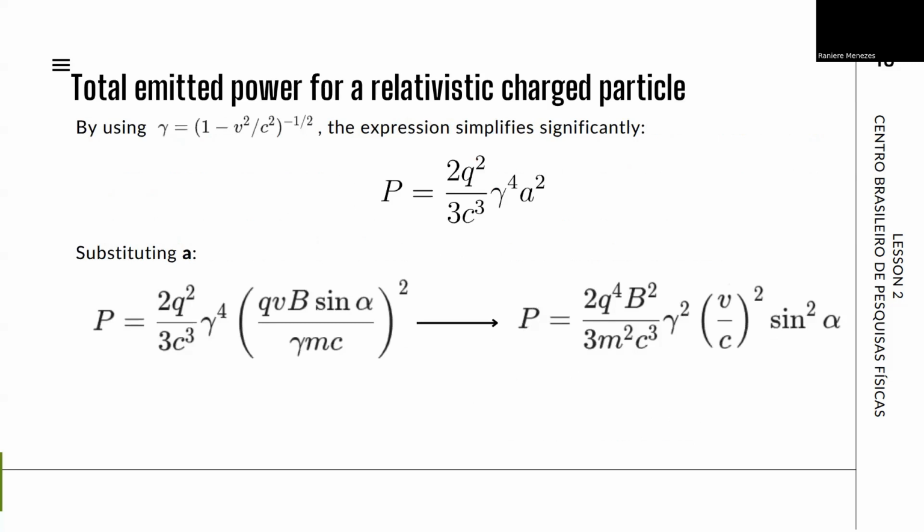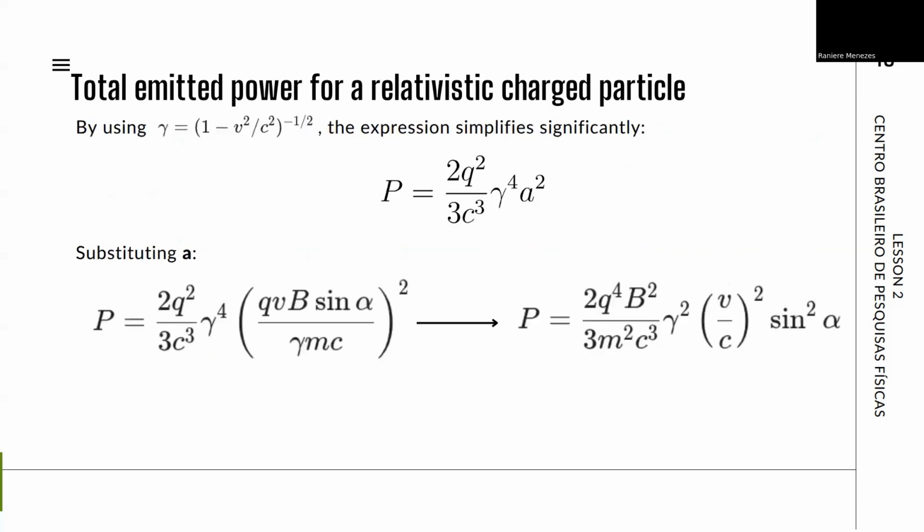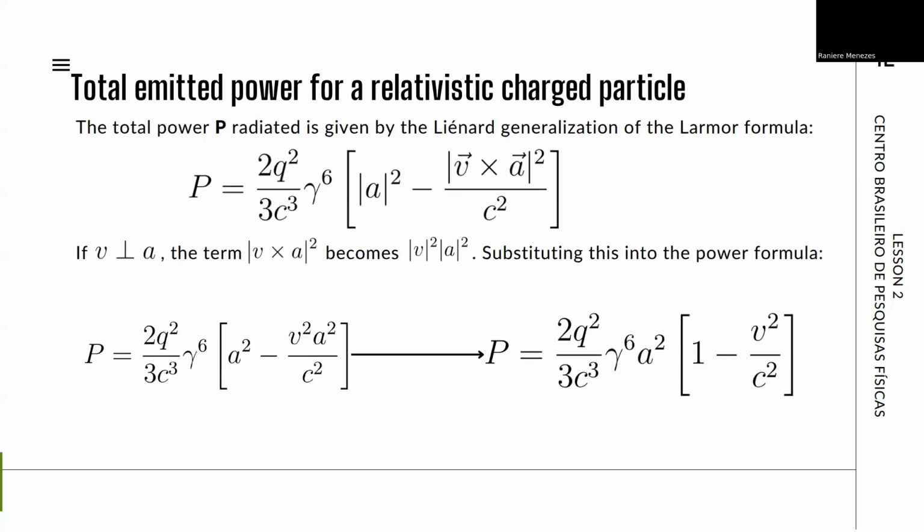Is this alpha the angle between the magnetic field and the velocity? Yes, exactly. But didn't you assume that the velocity and the acceleration were already perpendicular? Wait. Are you looking at the general case, or did you already do this?